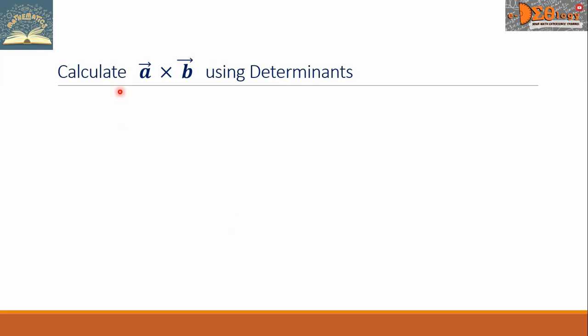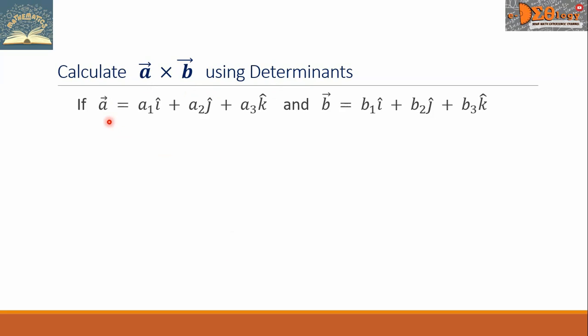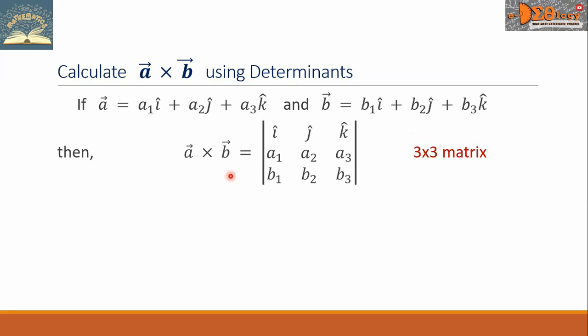Now, let us calculate vector A times vector B using determinants. If vector A equals a sub 1 i plus a sub 2 j plus a sub 3 k, and vector B equals b sub 1 i plus b sub 2 j plus b sub 3 k, then for vector A times vector B, we will get a 3 by 3 matrix.